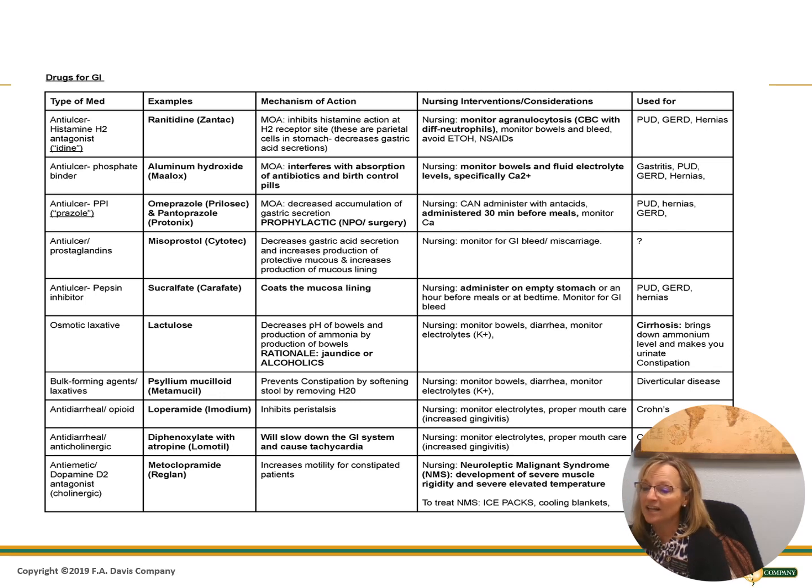And then last but not least, Reglan. Back 15 years ago, we used this on almost all patients that had H. pylori or some big GI thing. We do not like to use it now.